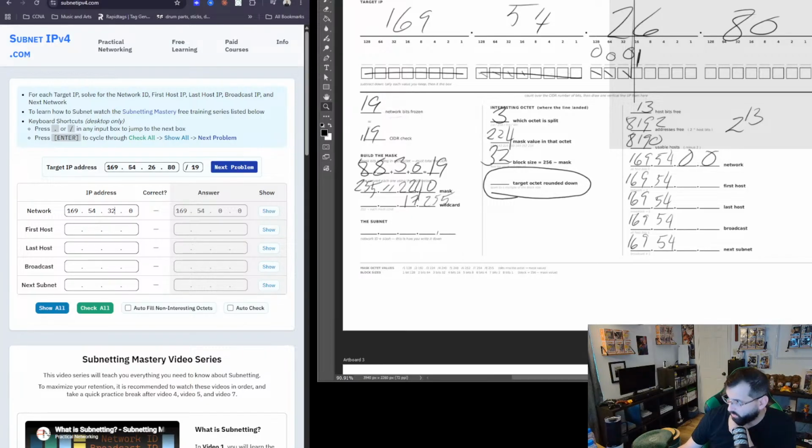Watch pot never boils. Visually grasp it. I think where I'm getting confused is I thought that host and network were kind of the same thing. I think that's where I got it confused.